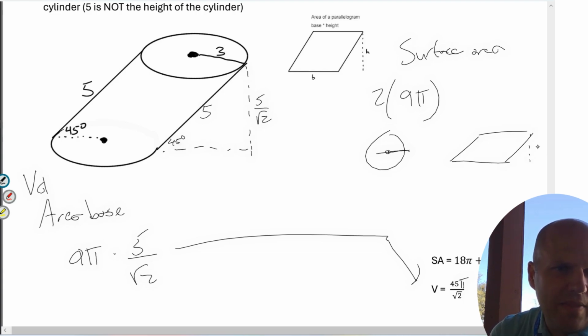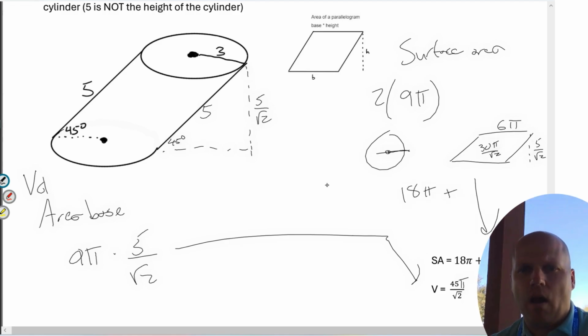We notice that this height is still the 5 over root 2. So that height stays the same. The circumference of this will still be this length. It'll just be like the rectangle that you think. This will be 30 pi over root 2. So I have 18 pi plus this 30 pi over root 2. Get that.